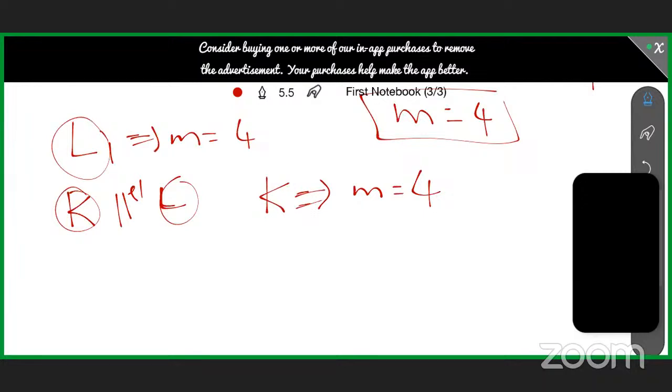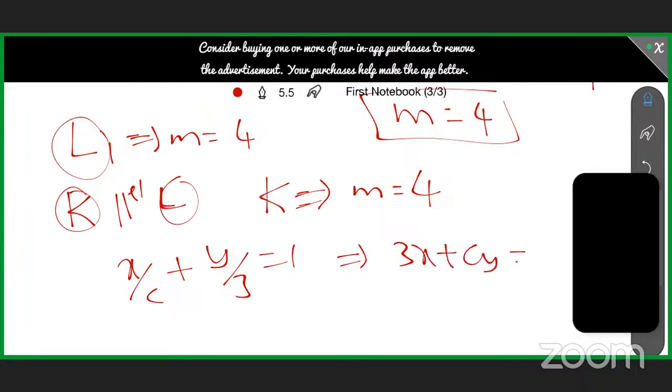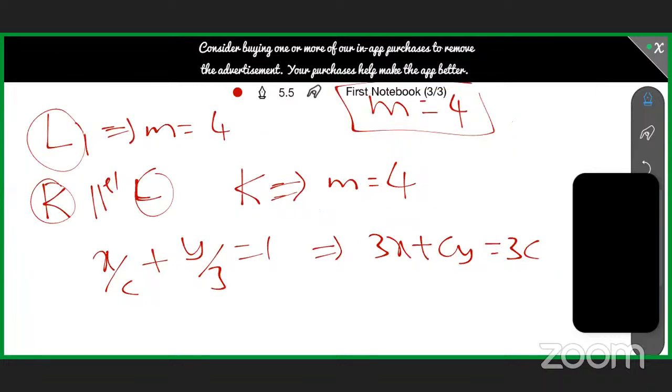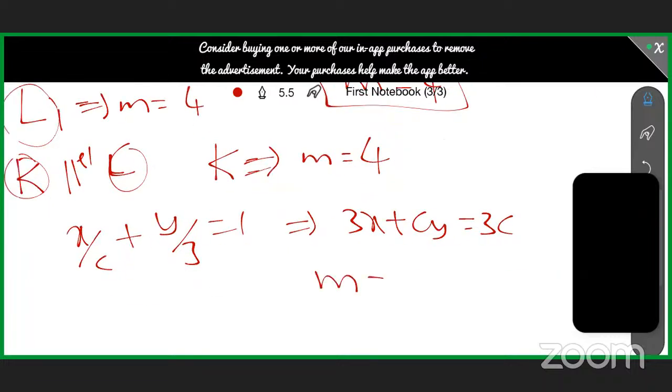The equation of K they have given is x by c plus y by 3 is equal to 1. If you simplify this equation, it will become 3x plus cy is equal to 3c. This line's slope is given by m is equal to minus 3 by c.